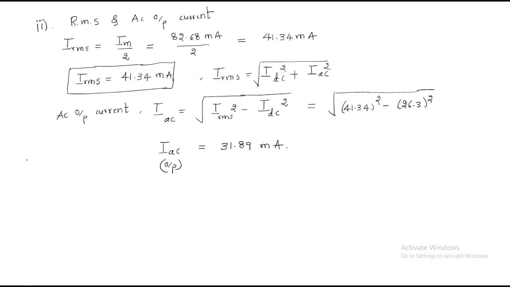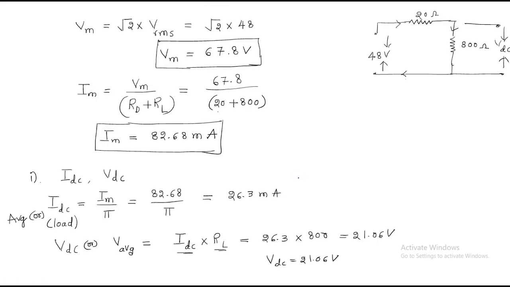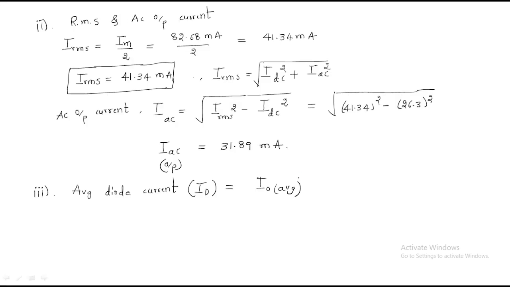So the third point, average diode current: ID is nothing but the average output current. We already found the average output current IDC is 26.3 milliamps. That value is 26.3 milliamps.